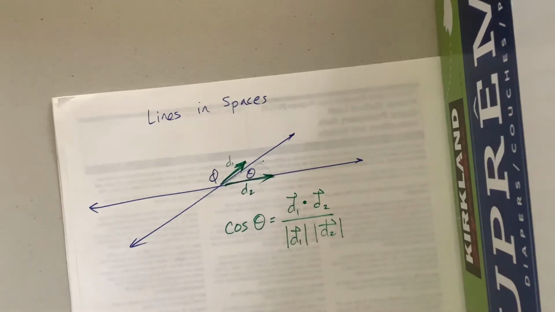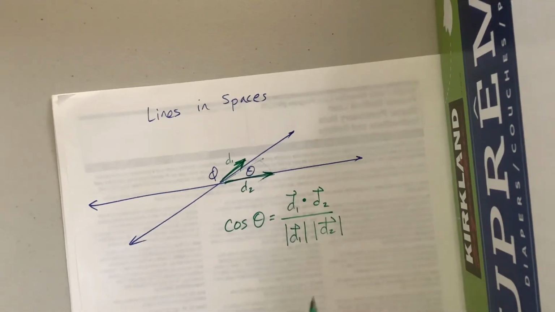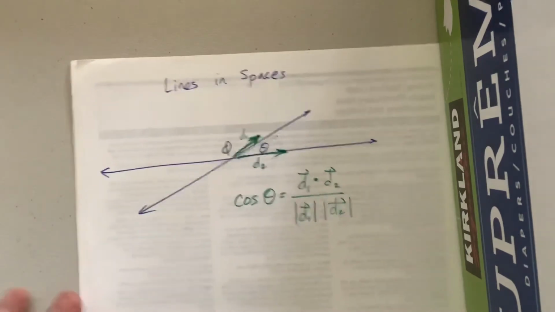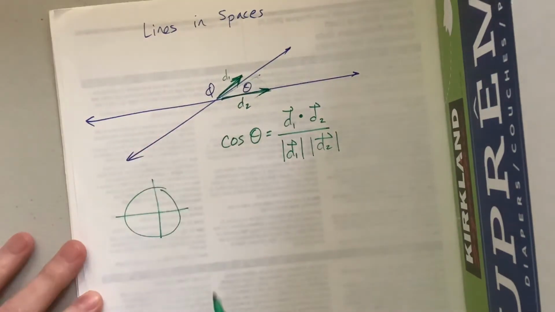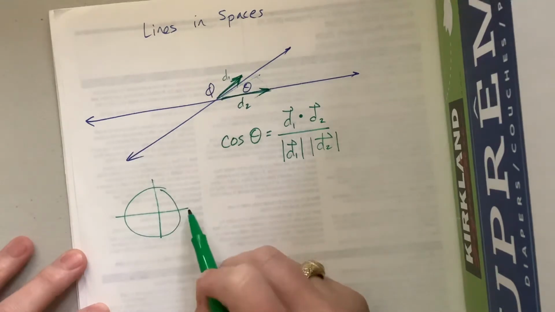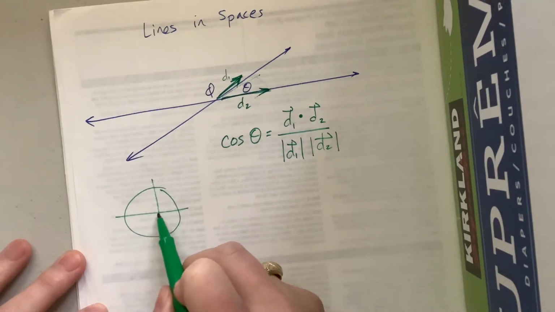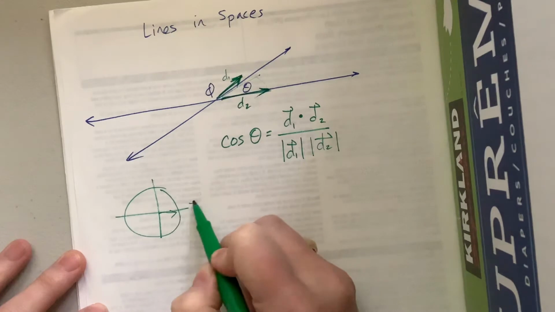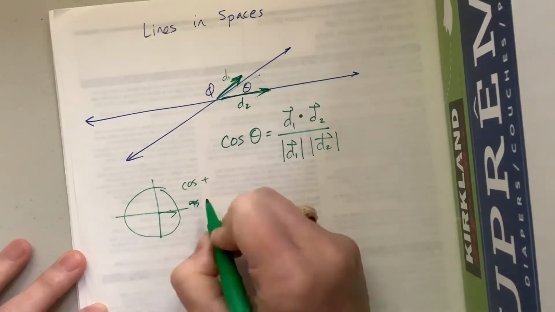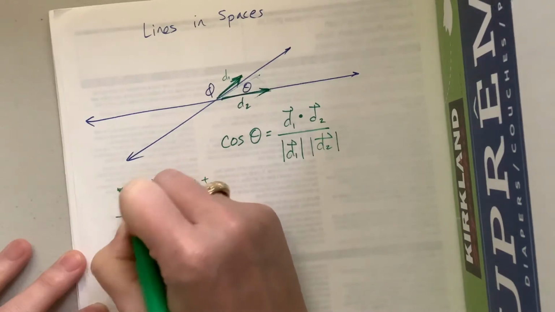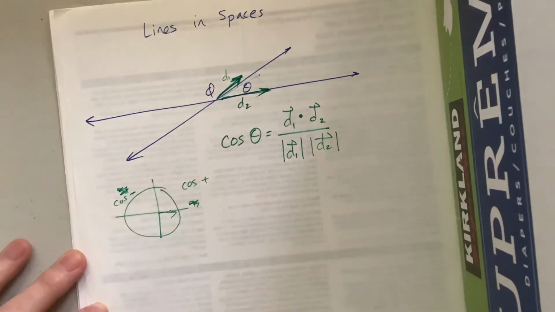Well, let's think back: what would have to be true in order for it to be the acute angle automatically? When we think back up to the unit circle, cosine is the x value. So cosine over here has gone in the positive direction. So in this quadrant, cosine is positive. Over here, though, not sine, I'm sorry, cosine is now negative.